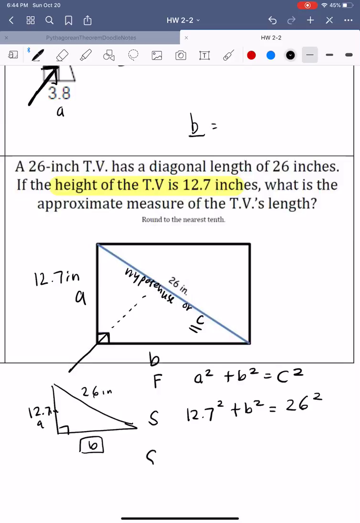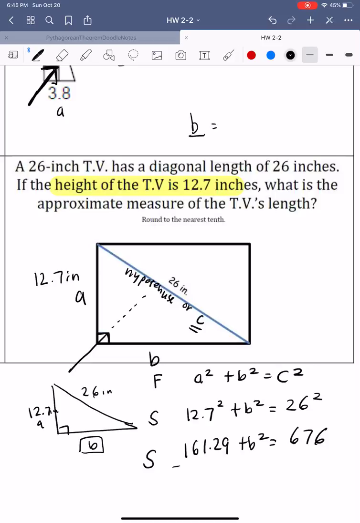And then our solution. 12.7 times 12.7 is 161.29 plus B squared equals 26 times 26, 676.